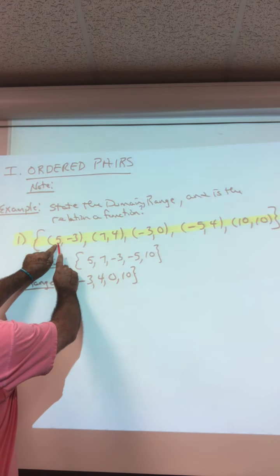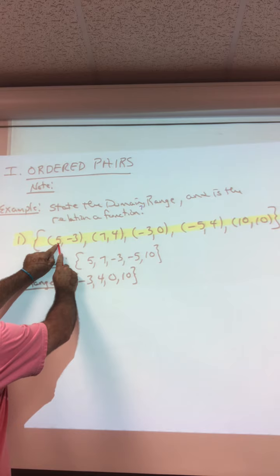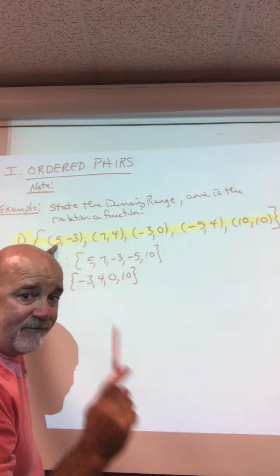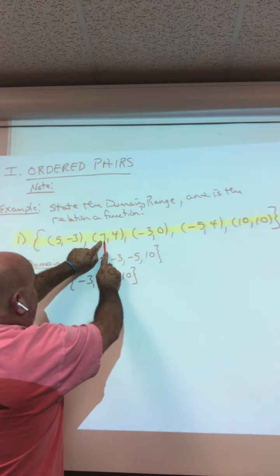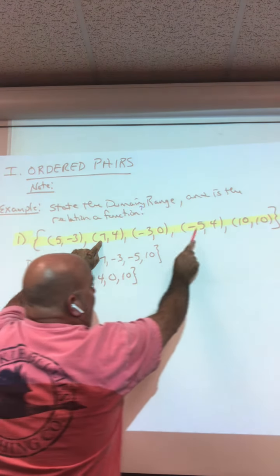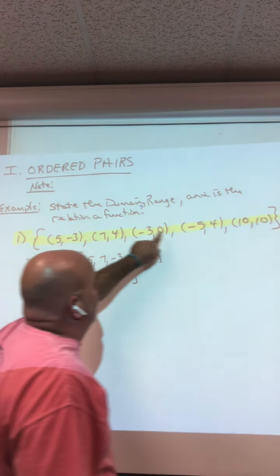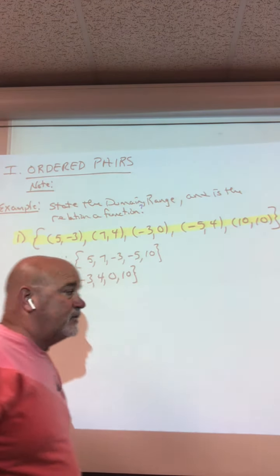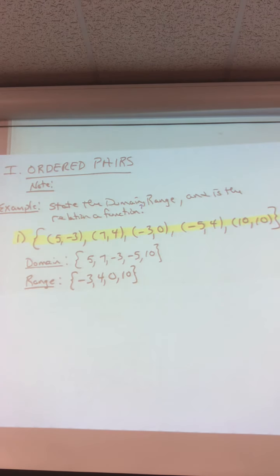So right here, the number 5 is paired with -3. Now, do I have 5 listed again as a first number? No. 7. Do I have 7 listed as a first number again? No. So basically, do any of the first numbers repeat? If none of the first numbers repeat, then yes, this relation is a function.